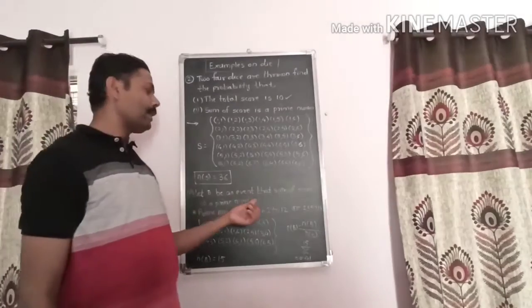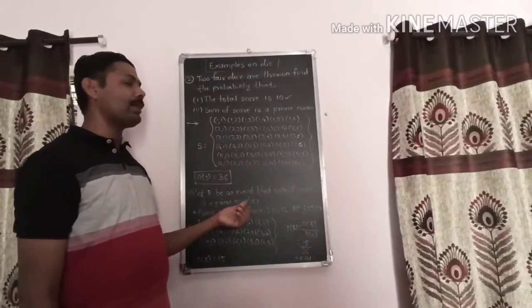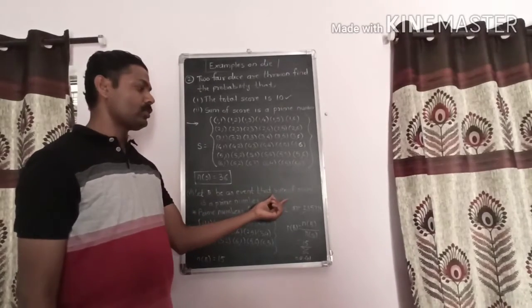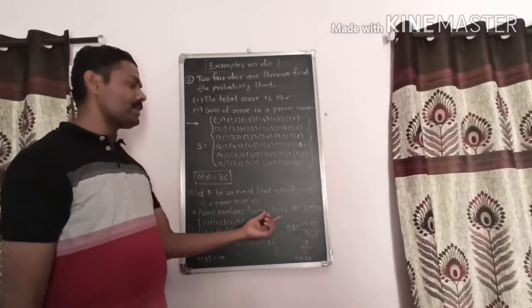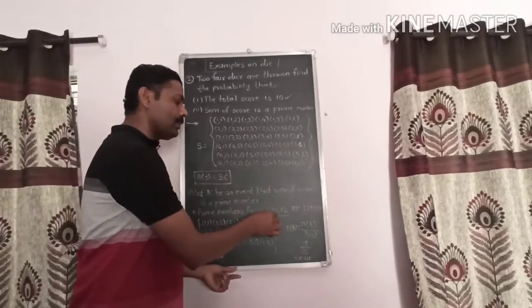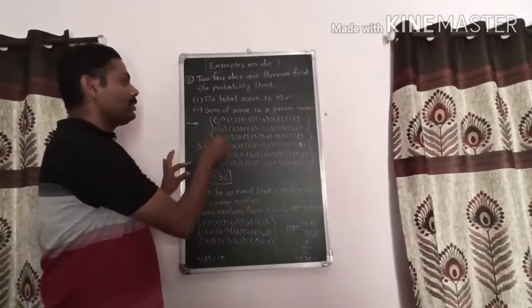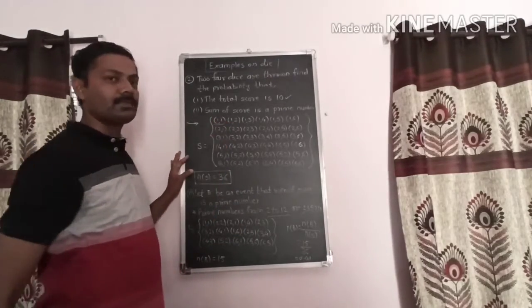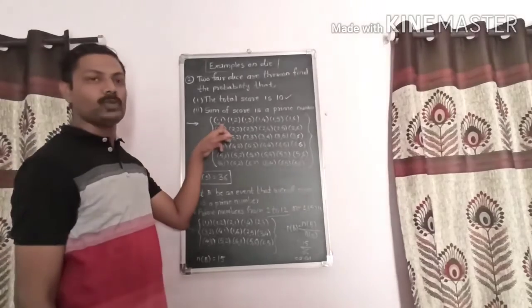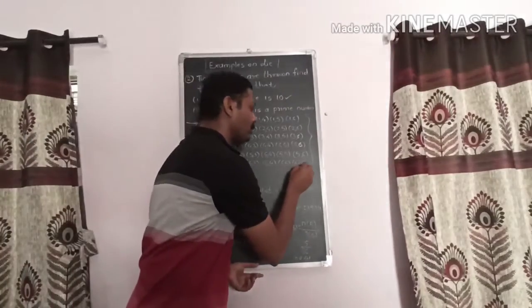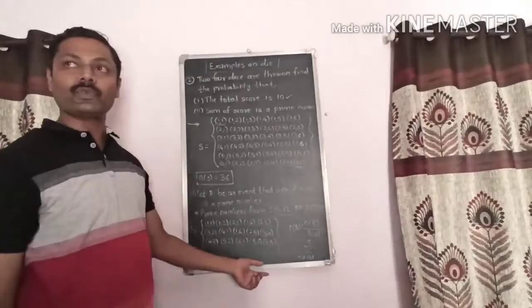Let B be an event that sum of score is a prime number. So we require to understand what will be the least sum and what will be the highest sum. The least sum will be of these two numbers, 1 plus 1, it is 2. And the highest sum will be 6 plus 6, it is 12.